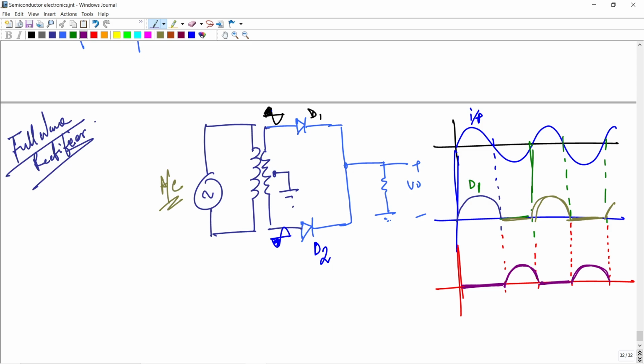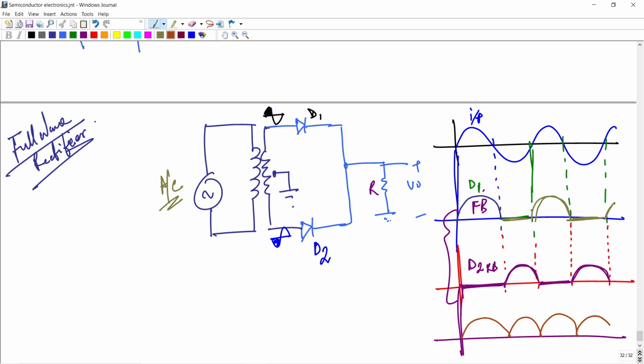When D2 is forward bias, D1 is reverse bias. If I combine these two, the whole output is a combination, and we get one direction, and that's a full wave rectifier.